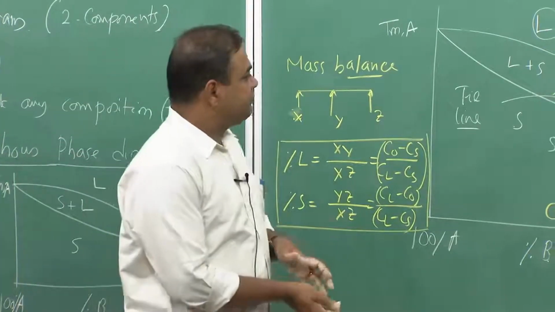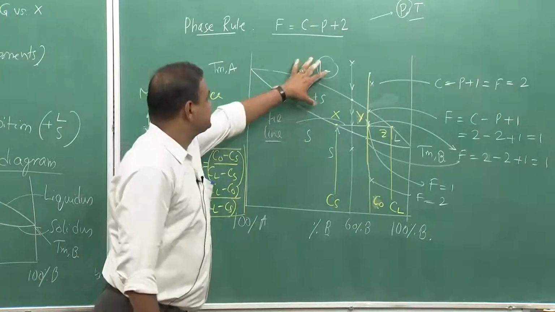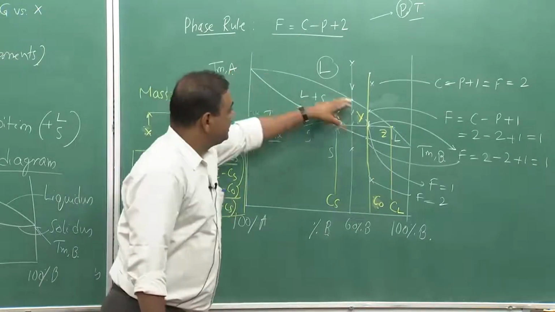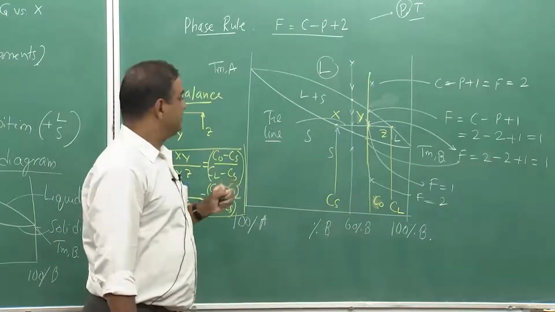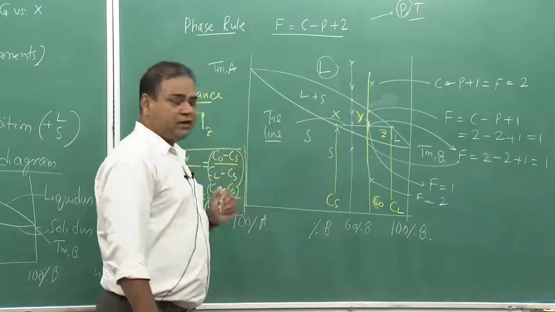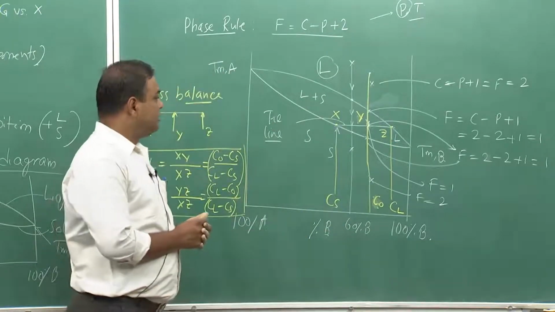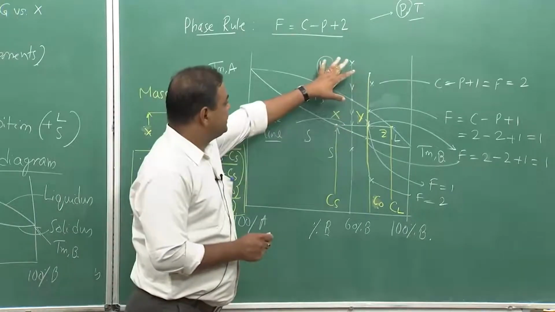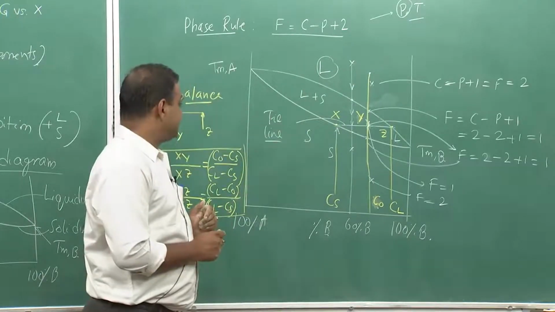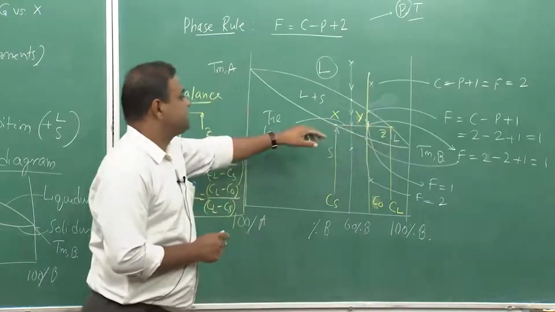Now, from this diagram what have we learned? We have learned that it indicates 3 different regions, and these lines are the phase boundaries: liquid, liquid plus solid, and solid. Both the components are completely soluble in liquid and solid. We have seen what would be the degrees of freedom at different points in this phase diagram. At the same time, we are also saying what is the implication of this tie line.